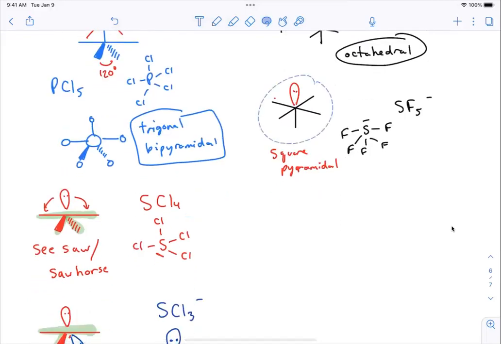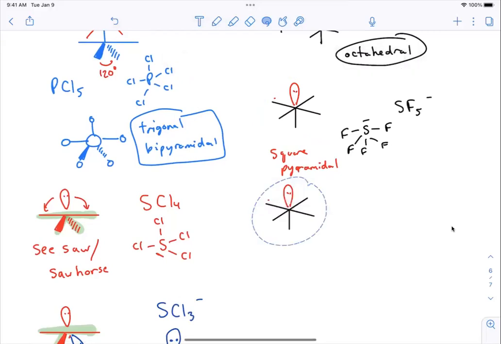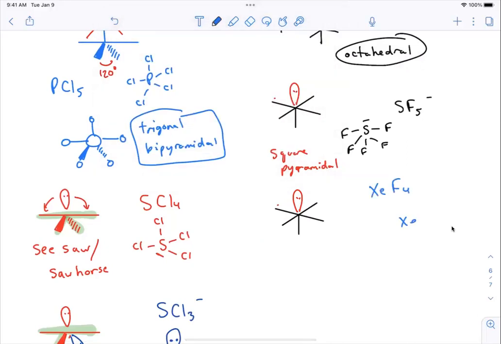Okay, let's keep going. I think y'all are starting to get the hang of how to deduce each of these shapes. So we do XeF4, where it has 2 lone pairs on the Xe with 4 bonds on the F. What line am I taking away from next if the top line is the first one I took away from?